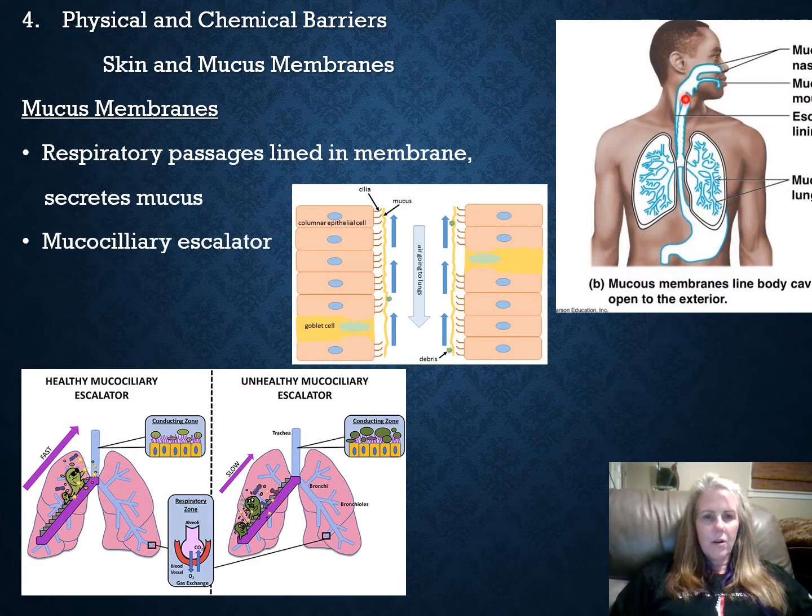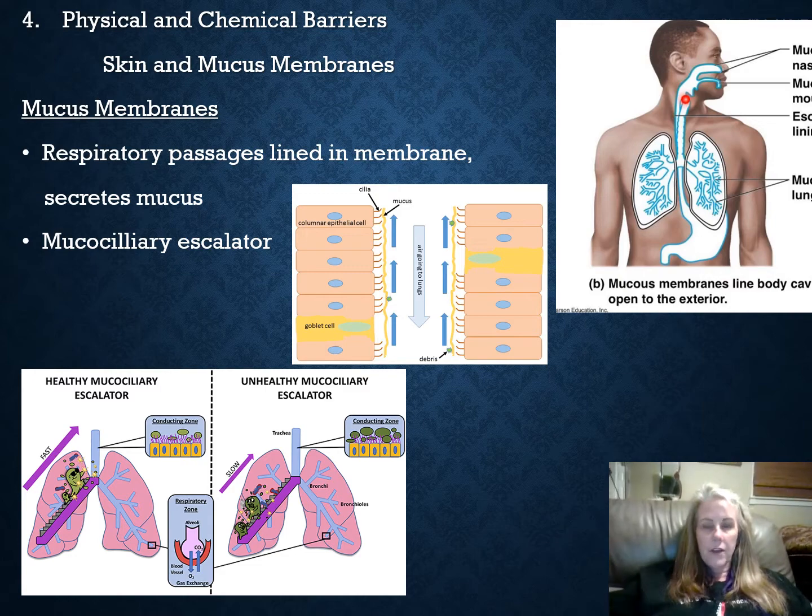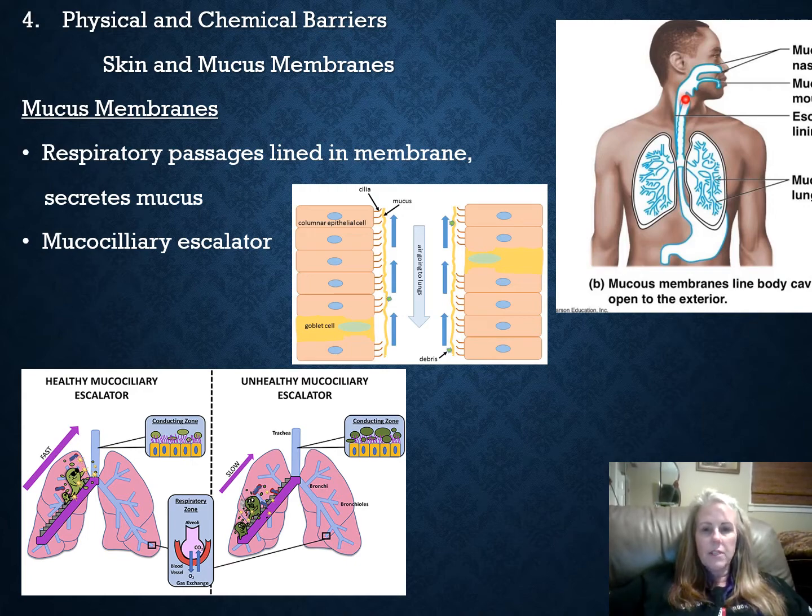All right, so onto the mucous membranes of the respiratory passages. So our respiratory system starts with our nose, onto our pharynx, all the way down our trachea to all of the bronchi and all of the other respiratory passages. So all of that is lined in a mucous membrane which secretes mucus. That mucus is very sticky.